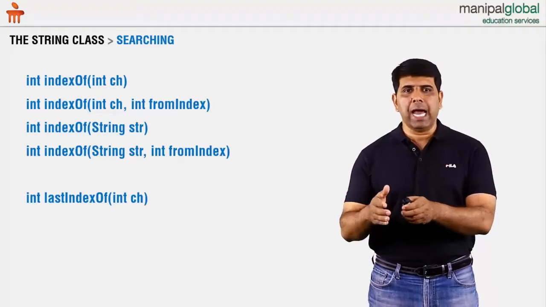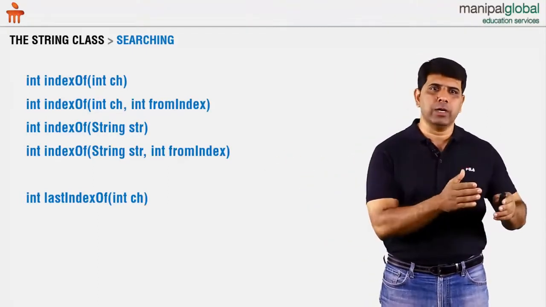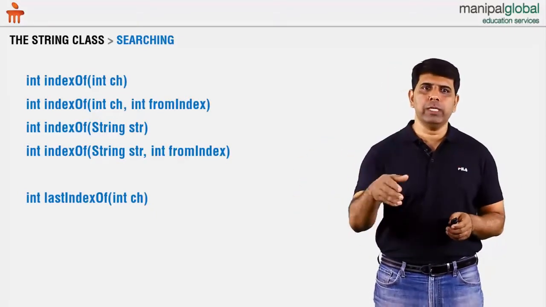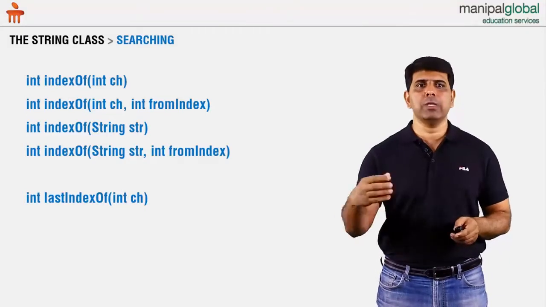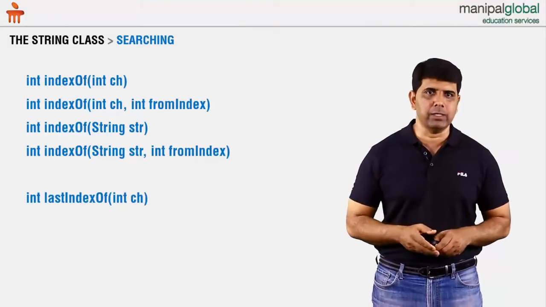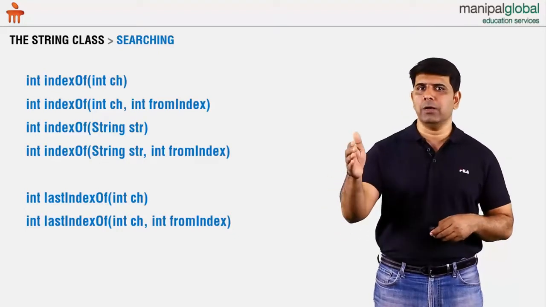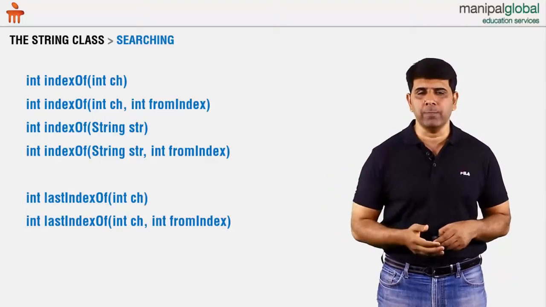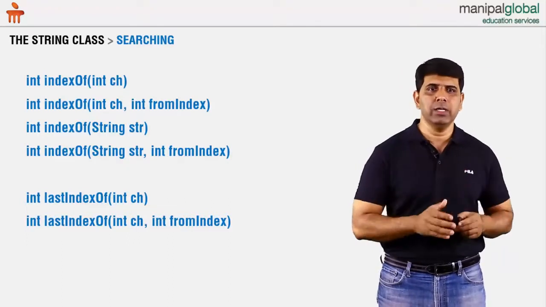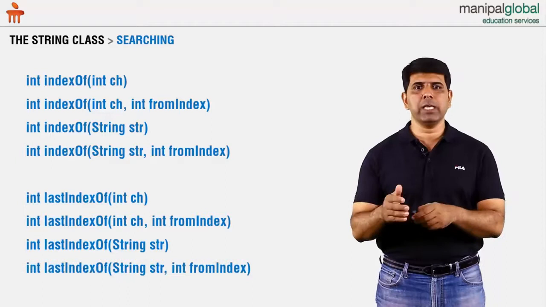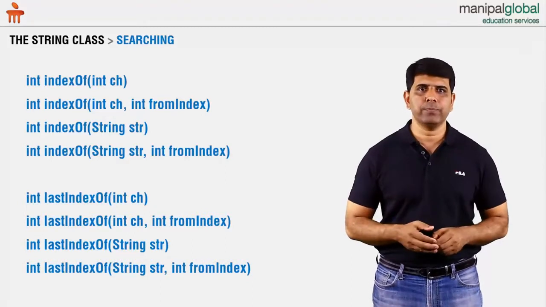This time, the actual search begins from the right side. That means from the end of the string, and wherever it is found first, it says, hey, this is the last appearance of that character. Once again, you can specify, don't start searching from the end, but search somewhere from the middle. But again, searching happens in the reverse order. You can also search for a string, or a string from a given index, in the reverse order.